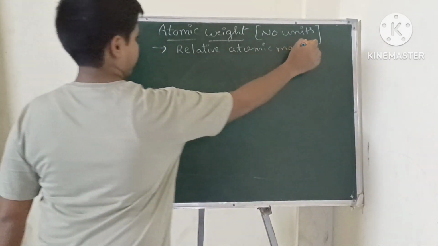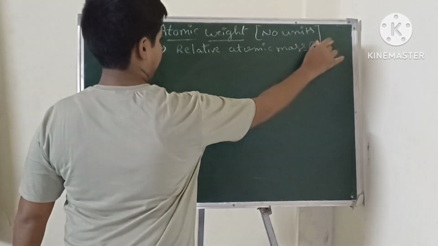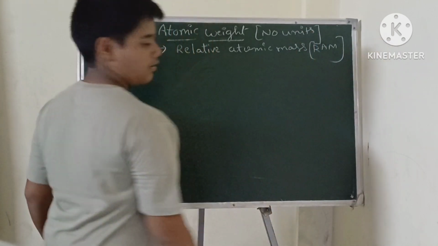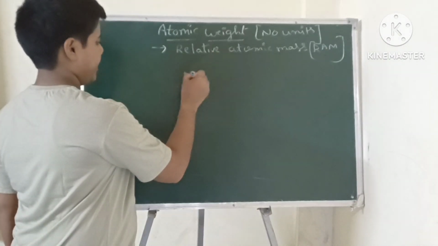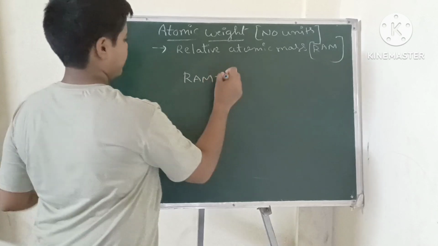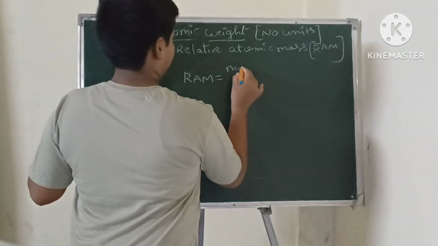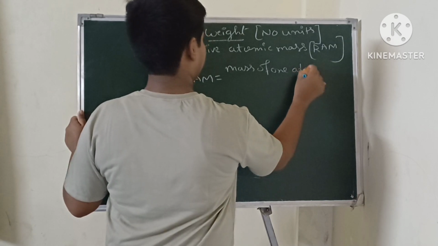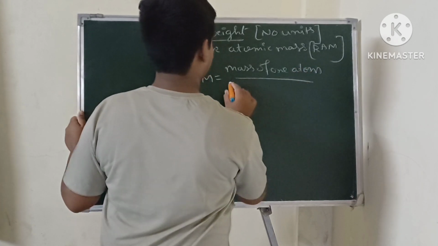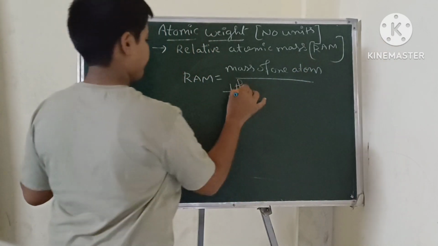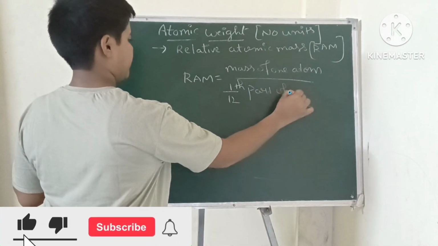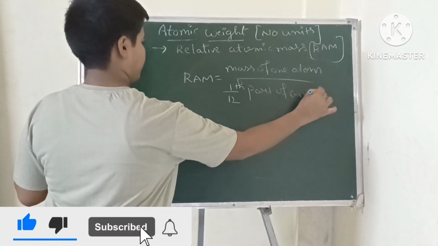We represent it in capital letters R, A, M. So RAM is equal to the mass of one atom by 1/12 part of the C12 isotope.